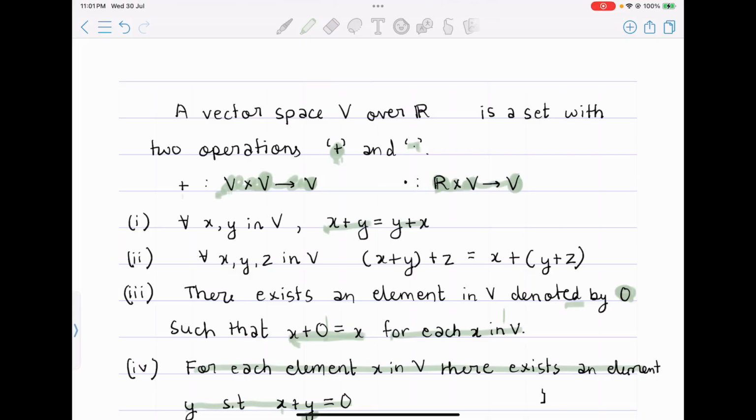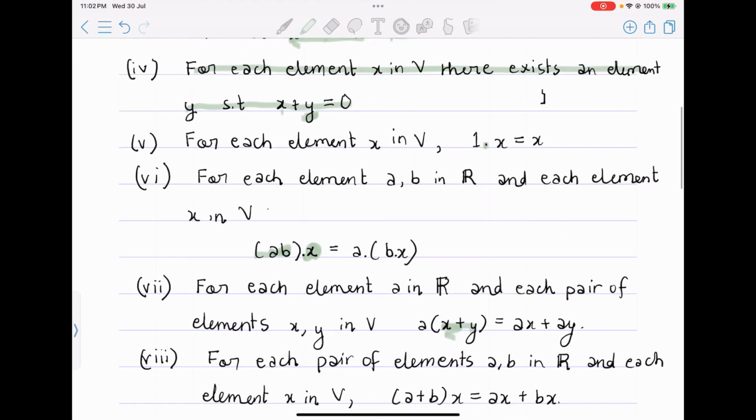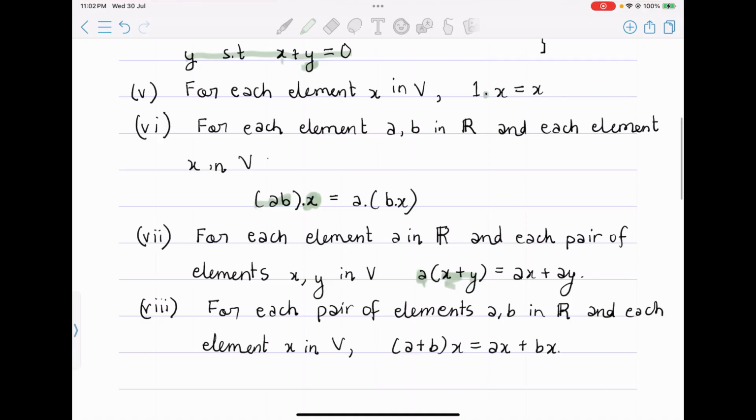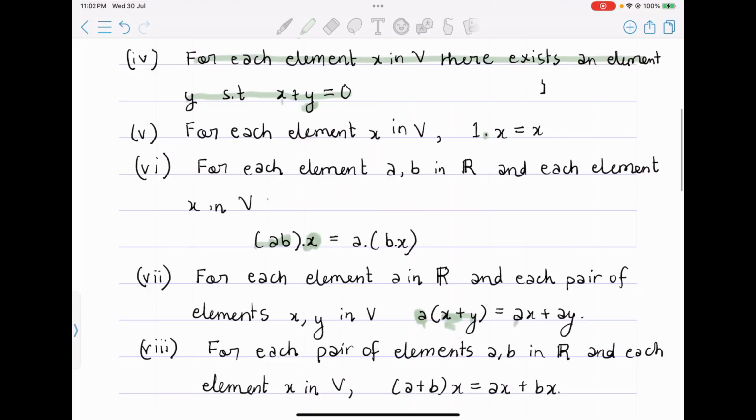Then you multiply with an element from R, and you will get back a vector.